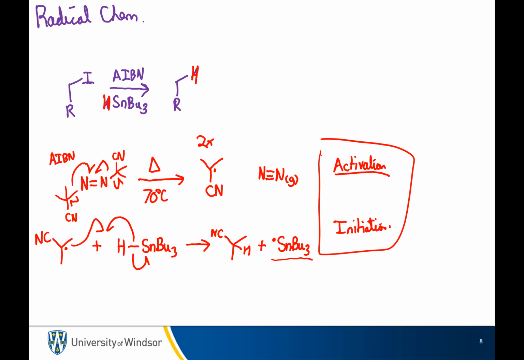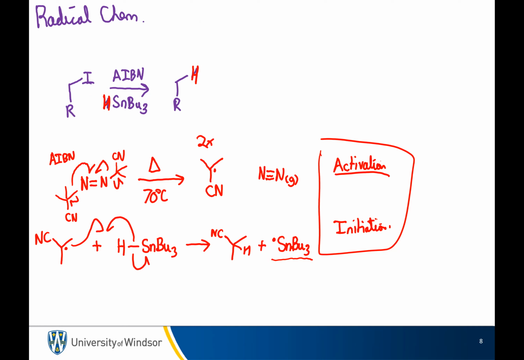I'm not enough of a stickler that I would take any marks off if you happen to label these wrong and it was part of an exam question. I don't think I will be asking exam questions that require this mechanism. For the most part, you'll just be allowed to use the reagents. But I hate saying, here's a reagent, I told you this is how it works, as I told you so. It's like, no, let's go through the mechanism.